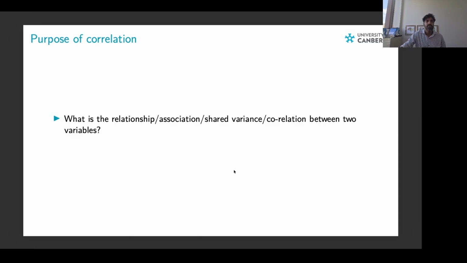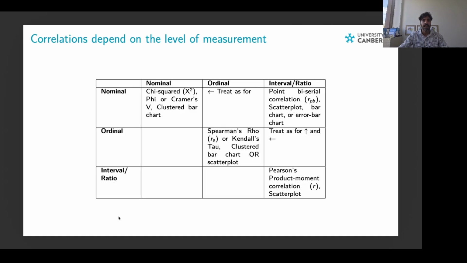What's the purpose of correlation? Hopefully this is clear to you now, which is the relationship, association, shared variance, or co-relationship between two variables. And it gives you that standardized measure, so you can measure the effect size of two variables here and two variables here on different scales, and you can compare those effect sizes. And then it depends on the level of measurement.